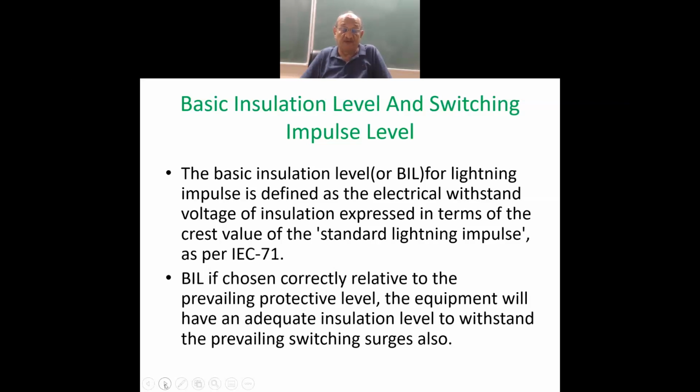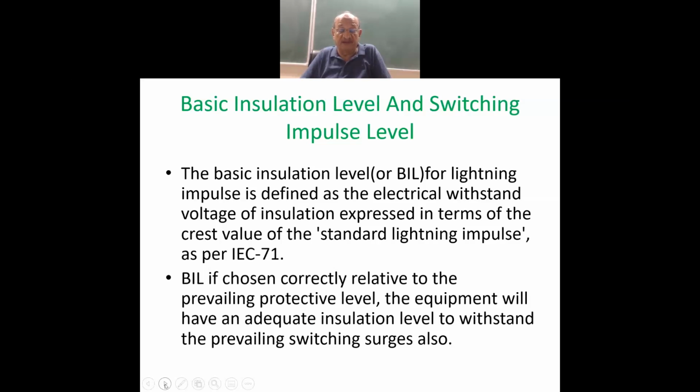And BIL is chosen correctly relative to the prevailing protective level, that is protecting devices, under which the horn gap and the lightning arrestors come. The equipment will have an adequate insulation level to withstand the prevailing switching surges also.